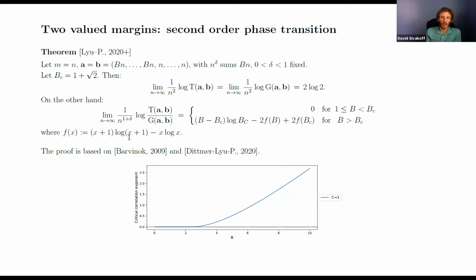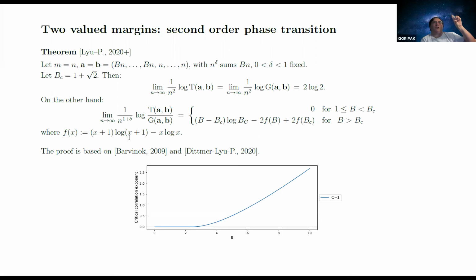In that case, if you took B growing with N, would you see it behave like the supercritical phase? It gets worse. If B is much larger, let's say B grows like N, then basically everything is absorbed in that corner.